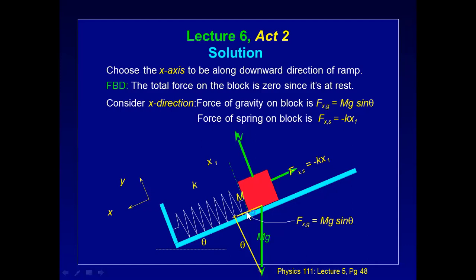The force acting on the block, Fxg, is equal to mg sine theta, and then the force which is stretching the spring in the block is pointing north of east, whereas your force here, Fxs, is equal to negative k multiplied by x1 as your displacement.